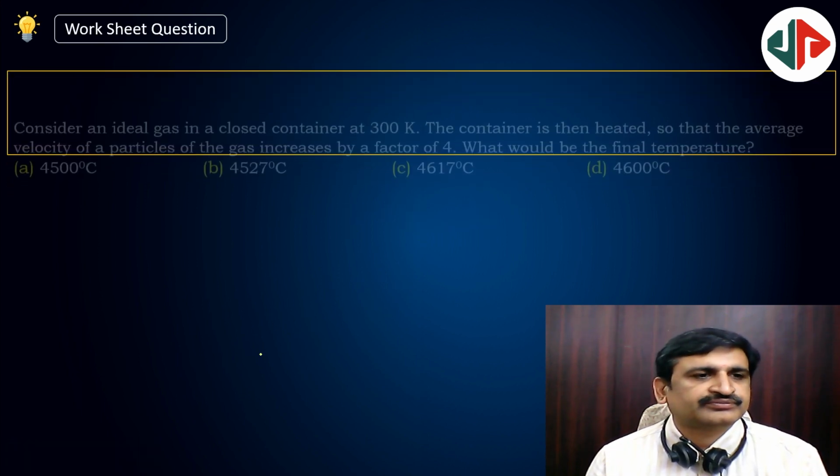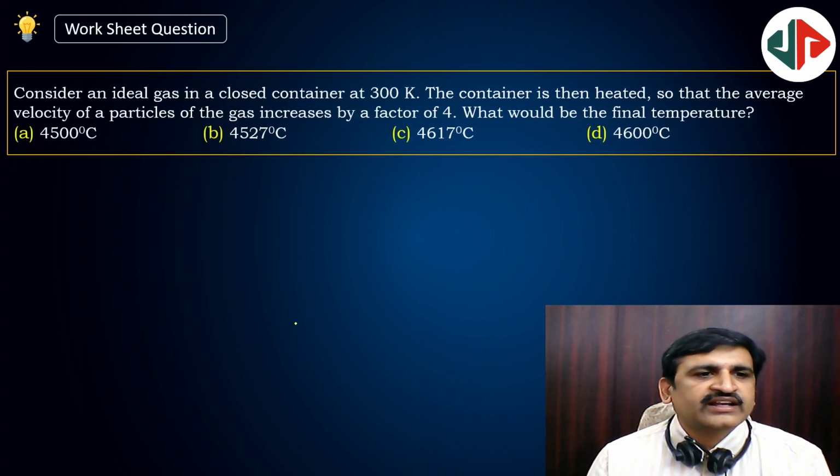Next. Consider an ideal gas closed in a container at 300 Kelvin, T1 equals 300 Kelvin. The container is then heated so that the average velocity of the particles of the gas increases by a factor, V dash equals 4 V1. What should be the final temperature, T2?